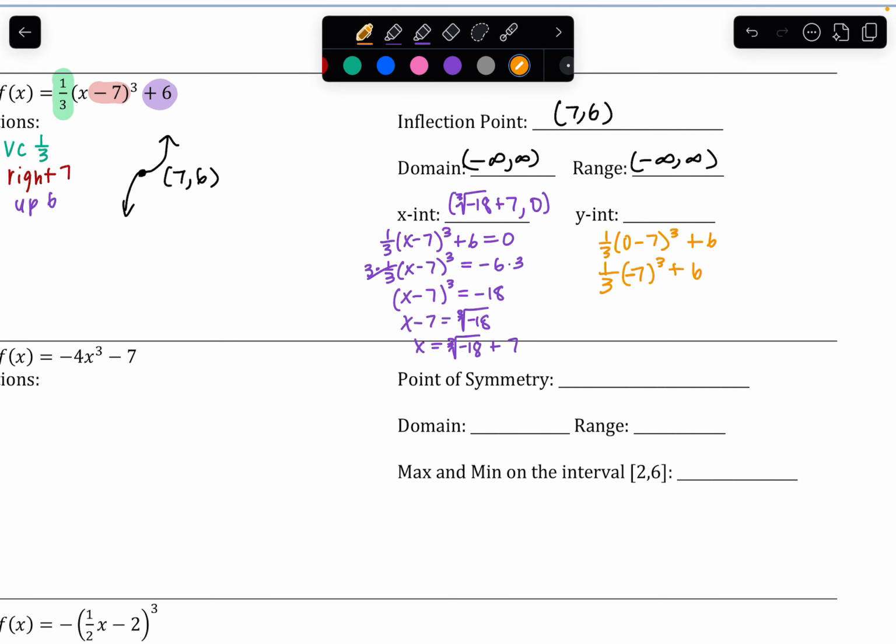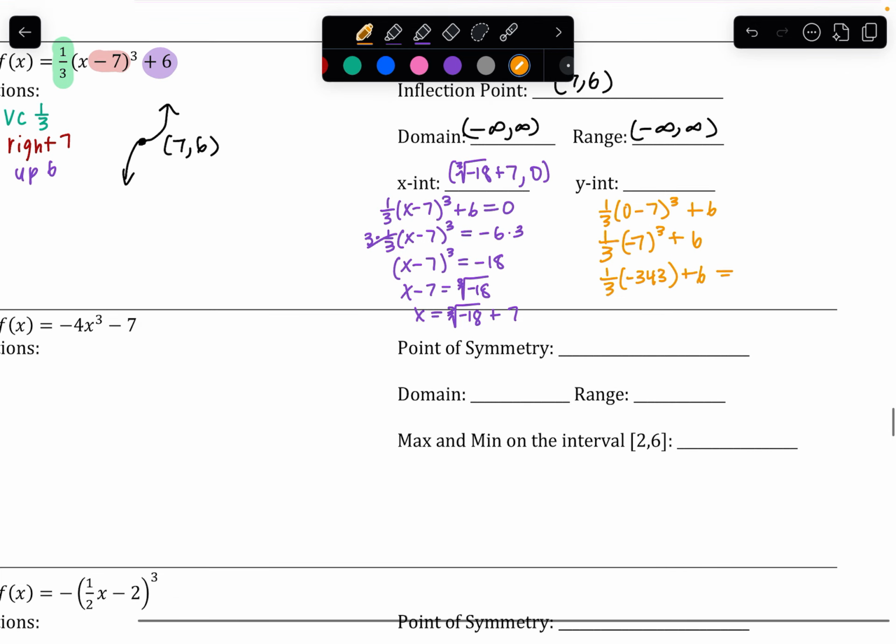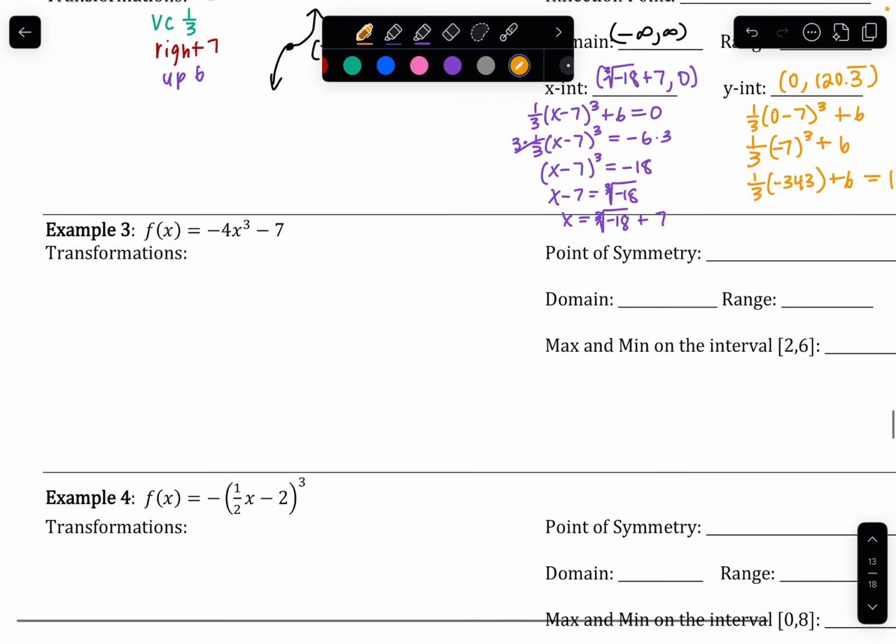So negative 7 cubed is negative 343. 1/3 times negative 343 plus 6 ends up giving us the decimal 120.3 repeating. You'll likely have much nicer numbers on your test, especially if it's non-calculator.